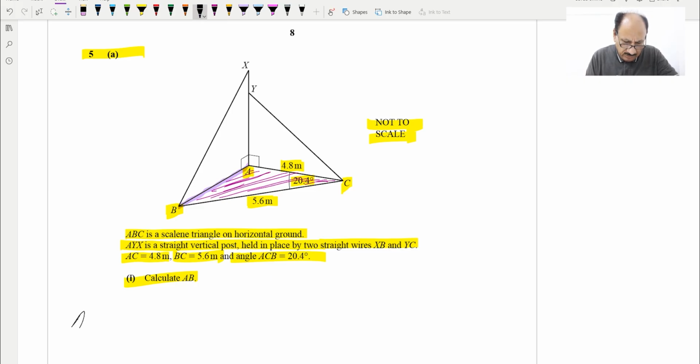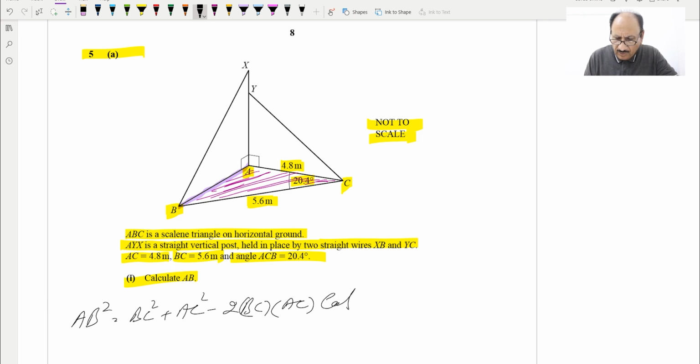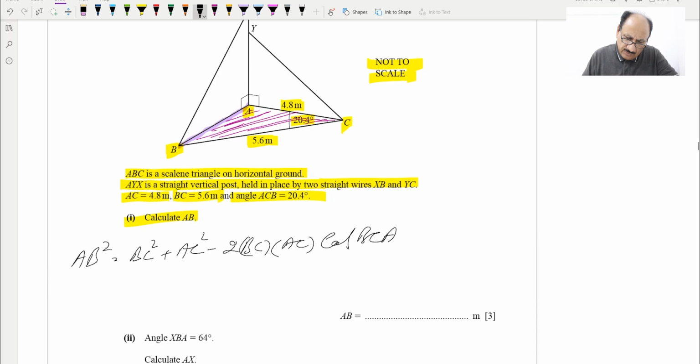So AB square is equal to BC square plus AC square minus 2 BC into AC, and cos of angle BCA.